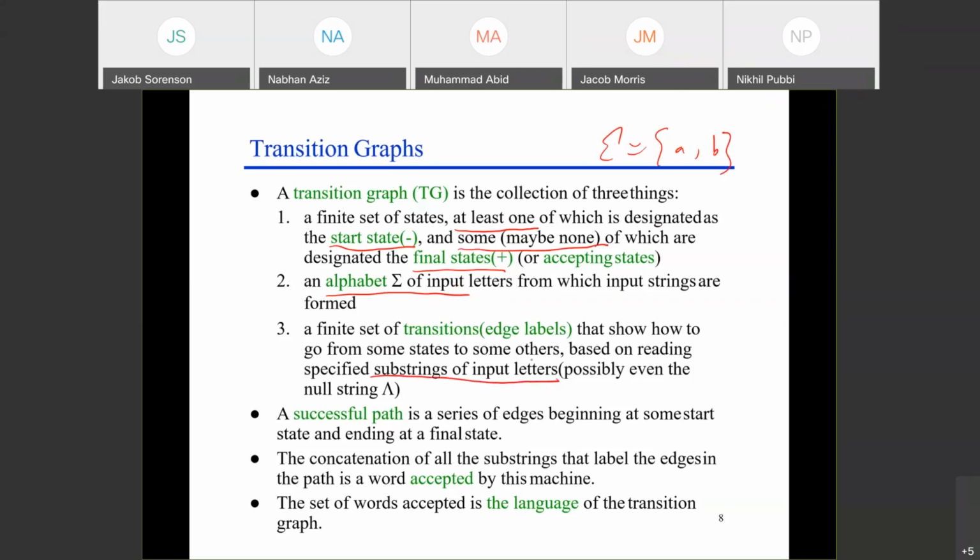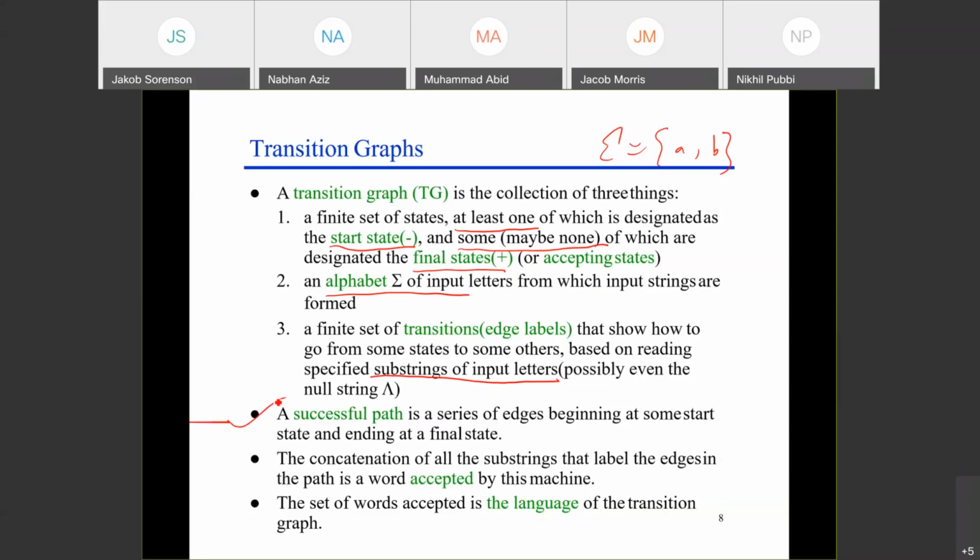This is not the case in FA. FA will take care letter by letter. Here you can pass letter by letter or you can pass substrings, possibly even the null string. A successful path is a series of edges beginning at some start state and ending at a final state. It is exactly the same.